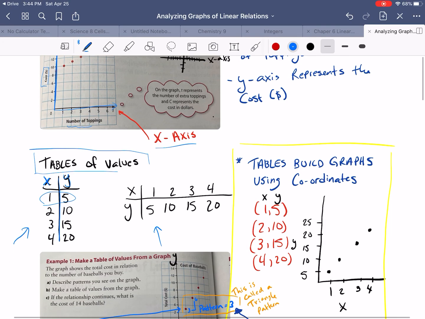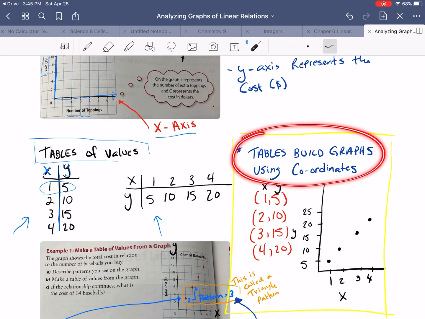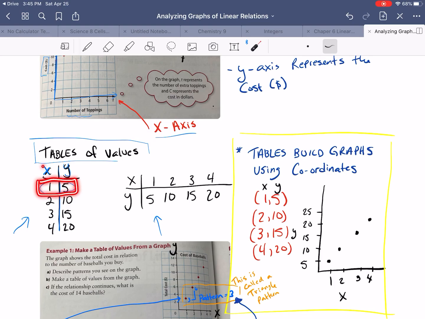If we look over here at building graphs using coordinates, we can take this data, the x and y data, 1 and 5, and build something called a coordinate. If you remember from grade 7, you always plot the first coordinate by looking at your x-axis first.